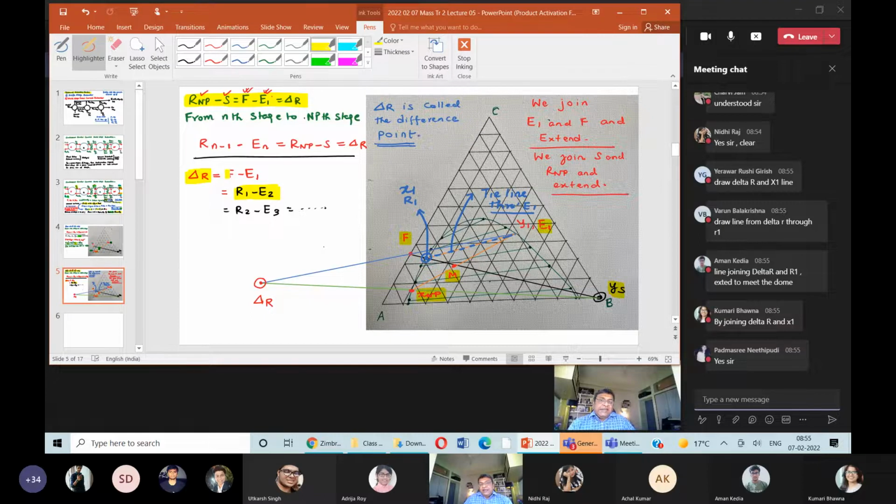Just the way a line joining F and E1 passes through delta R, similarly a line joining R1 and E2 also passes through delta R, isn't it?